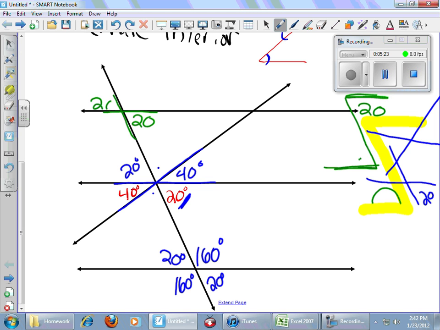That has to be 20. I know I have a half circle here, so this has to be 160 degrees. This has to be 160 degrees. Now, I can't do any of these yet. I will be able to soon.